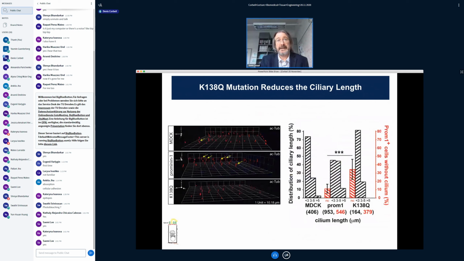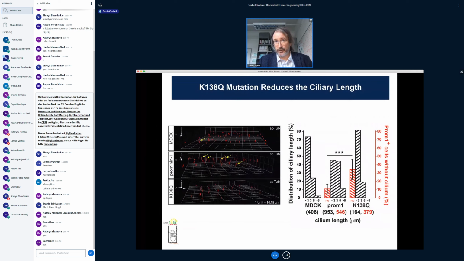We can quantify that. As you can see, we have defined the cilium in three lengths: longer than 5 micrometer, between 3 and 5 micrometer, or shorter than 3 micrometer. This is MDCK cell non-transfected. When we transfect with the normal prominin, we highly increase the length of the cilium.